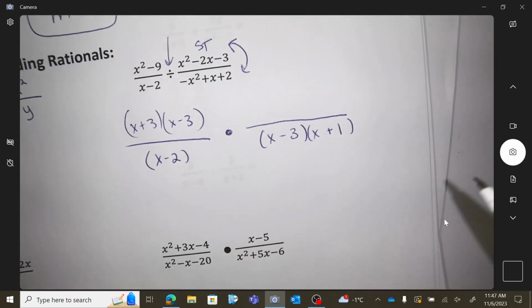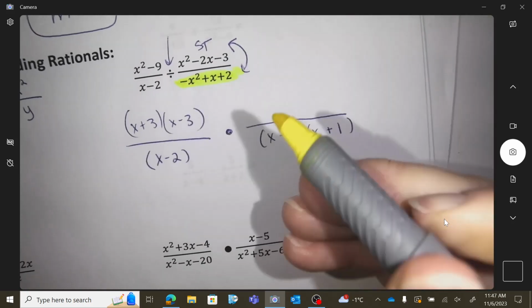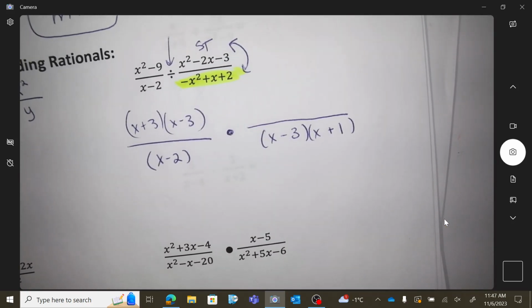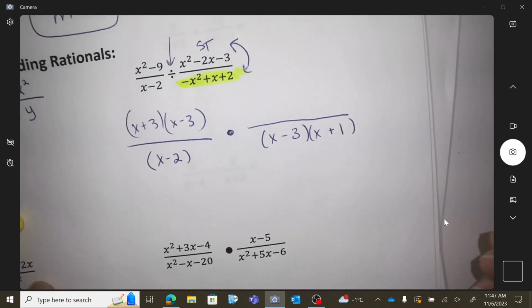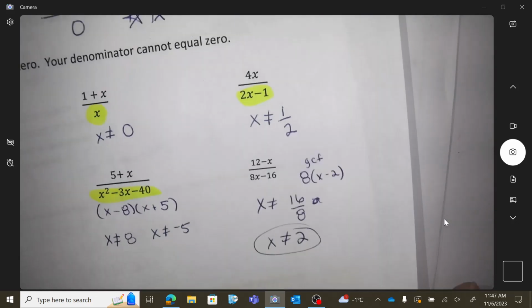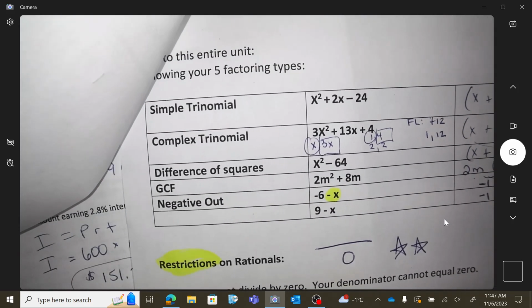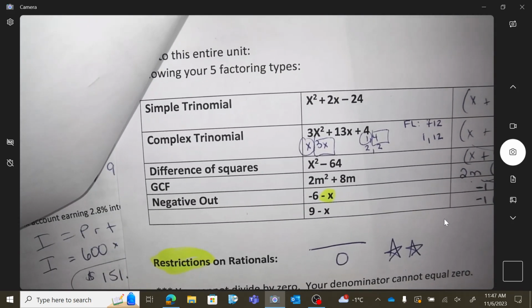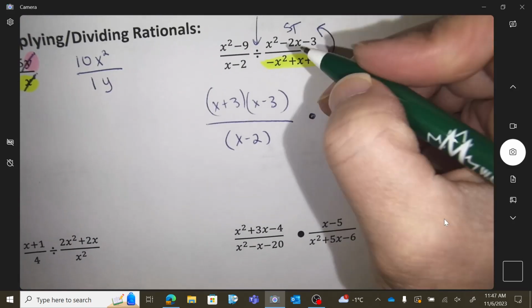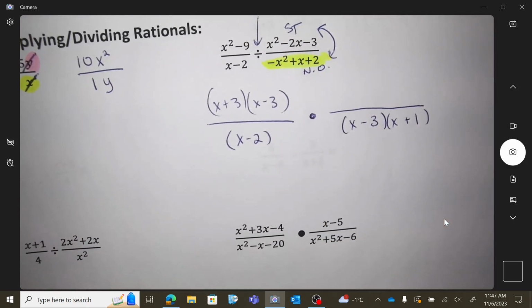Okay, what do you want to do with this? What's your first maneuver when you look at it? Anybody recognize the strategy? Out of my chart, what do you want to do? So you have 5 options. Did you pick negative out?